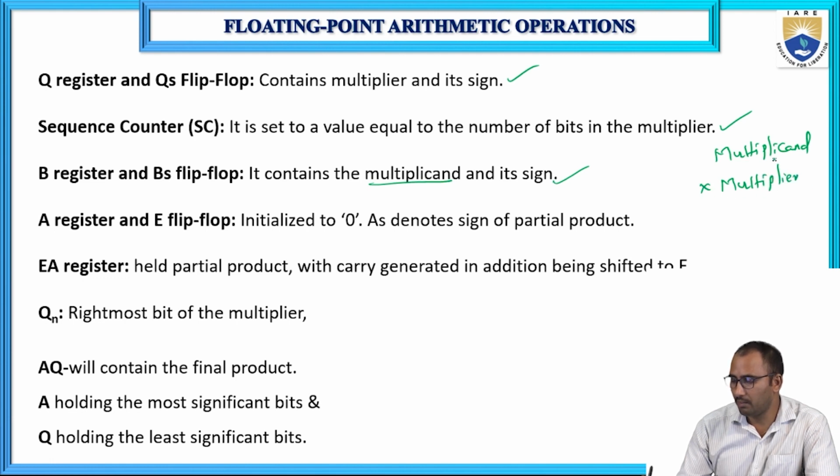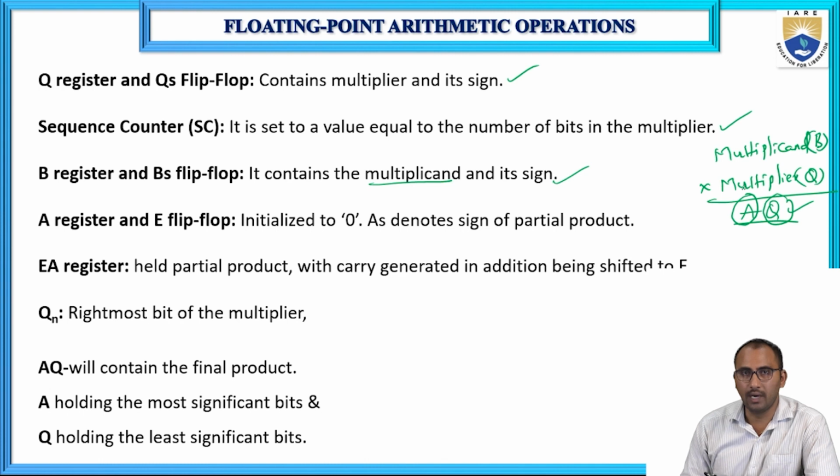We are multiplying the multiplier with the multiplicand. The multiplier will be stored in the Q register, and the multiplicand will be stored in the B register. So we are multiplying Q with B. Once we perform the multiplication, the result will be stored in the AQ. The lower bits will be stored in the Q register, and the upper bits will be stored in the accumulator register.